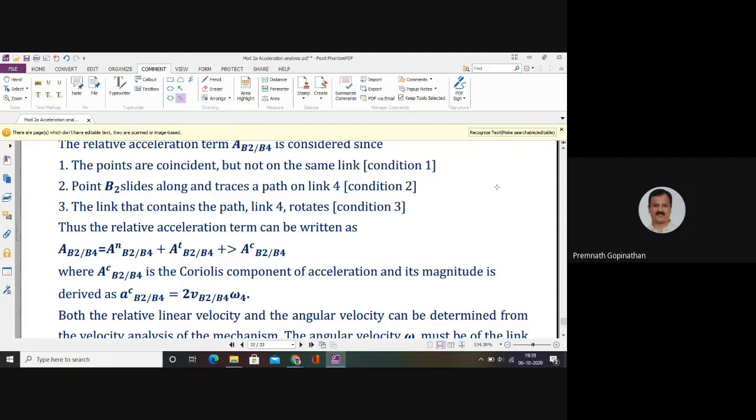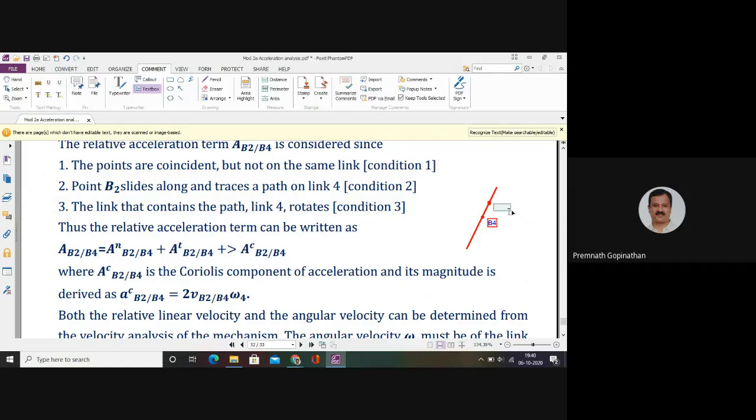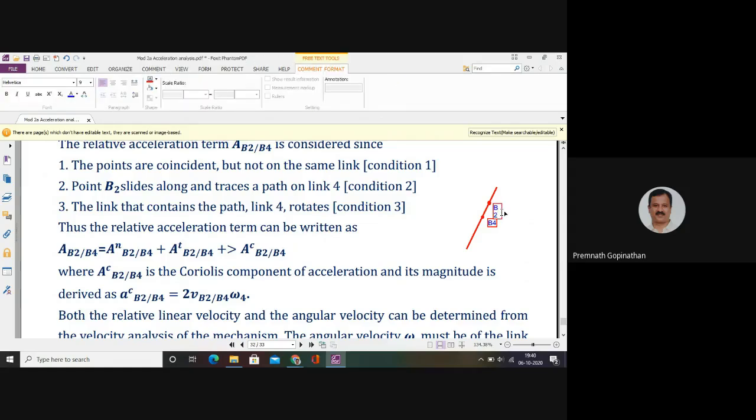Now, here I have one particular link, and I'll show a point here, and another point here, and call this B4, and this one is B2. Okay.